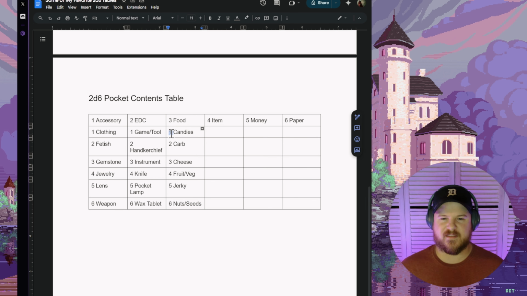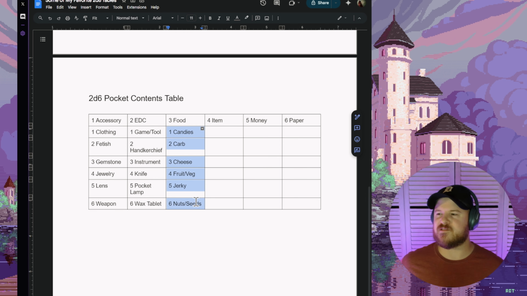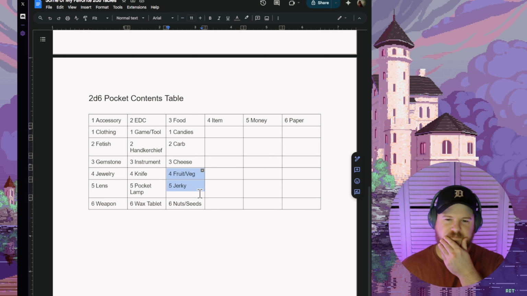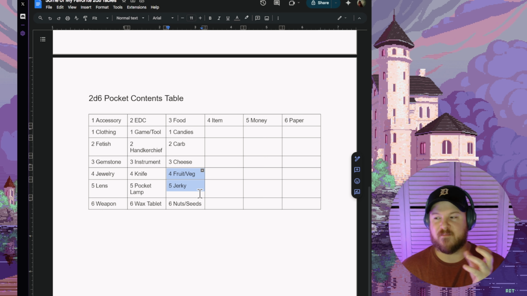And this is a good way, so I really like the food table because it's an interesting way to add some world building aspect if you want to think about very specific things that they might have access to. So depending on where they are, I might for, let's say, jerky, because jerky feels like the best category for it. Either jerky or fruit and veg. One of those two. Maybe be like, no, they don't have any meat or vegetables on them, but you seem to have some prepared dried tree bark, like birch bark, something like that.